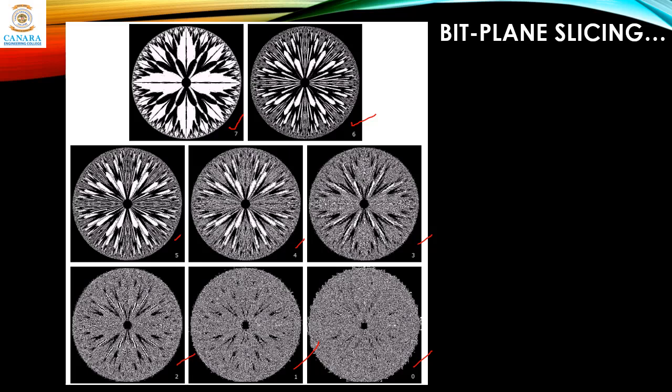It looks like noise here. Even with the first bit and second bit you can see a bit of information, but still it's not significant. As you move towards higher bits like third, fourth, you can see the pattern appearing, and the fifth, sixth, and seventh bits contain more information, and in the seventh bit you can clearly see the pattern of the final image. So the 7th bit has more impact on the overall appearance of the image than the 0th bit, which basically looks like noise. Even if you reset the last bit, it doesn't have any effect on the overall appearance of the image.